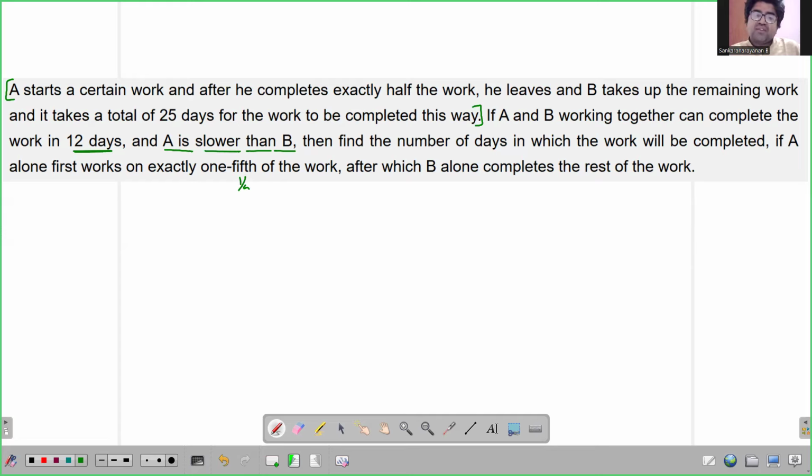So 1/5 of the work will be done by A, the remaining 4/5 of the work will be completed by B.